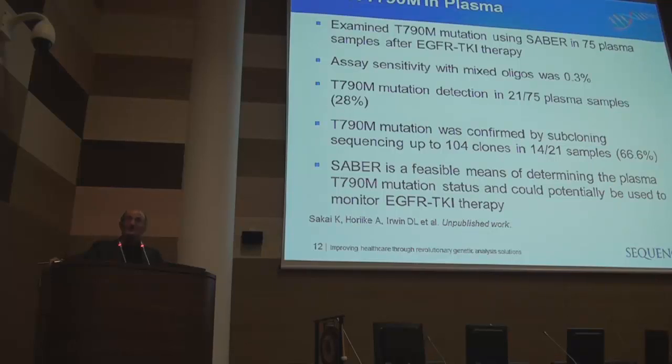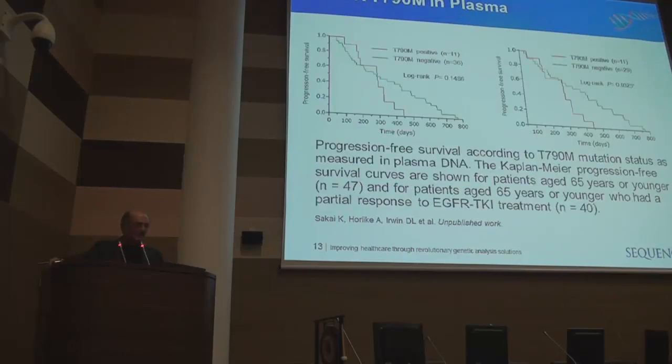Now here's the consequences for those patients. Just look on the left. The green curve, what we're plotting is progression-free survival, how long you can keep the patient on the drug before the lung cancer starts to grow again.